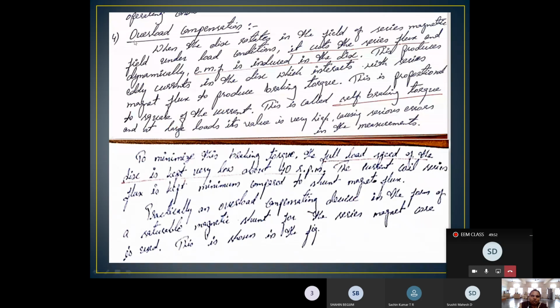Next, we go with the overload compensation. In the second adjustment we said that a light load should be there. Here we are saying that it should be heavily loaded. But we have to decide based on the design.